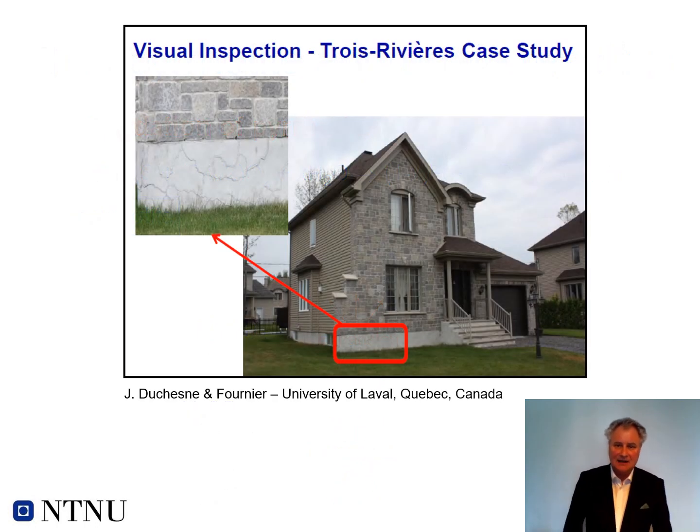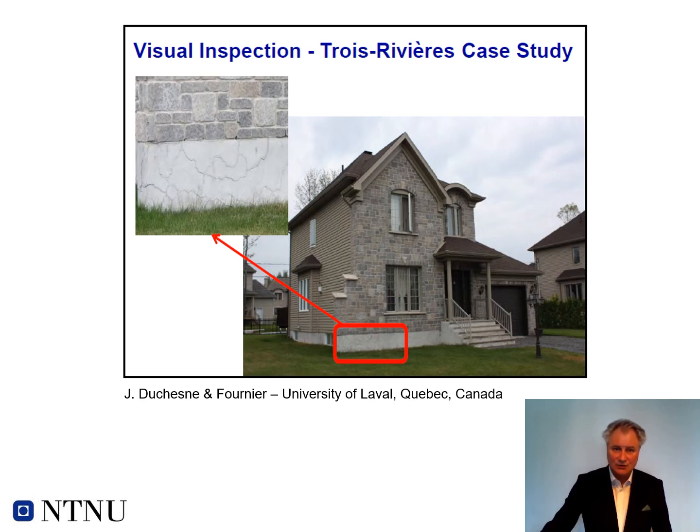Particularly in Canada, they have seen some bad cases related to pyrrhotite in the aggregate. You see some examples here in the foundation of a domestic house in Trois-Rivières in Canada.